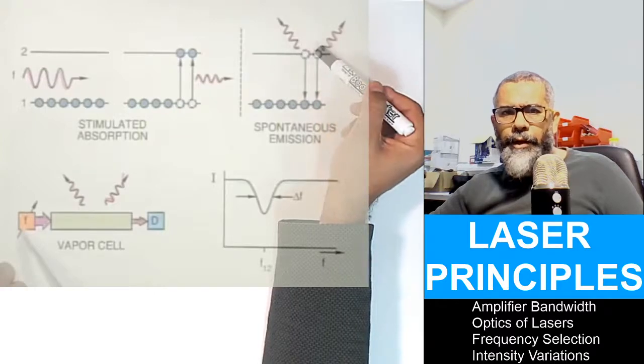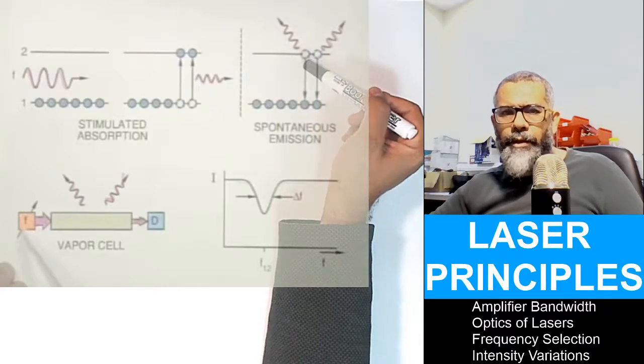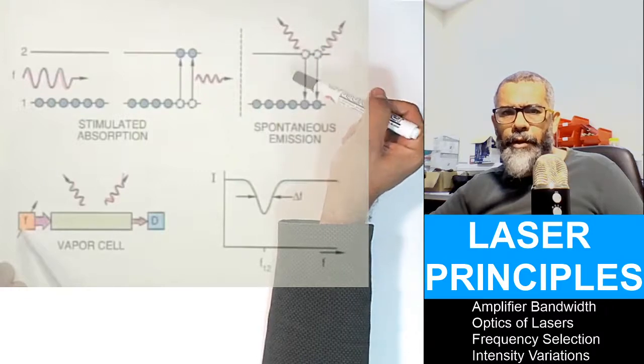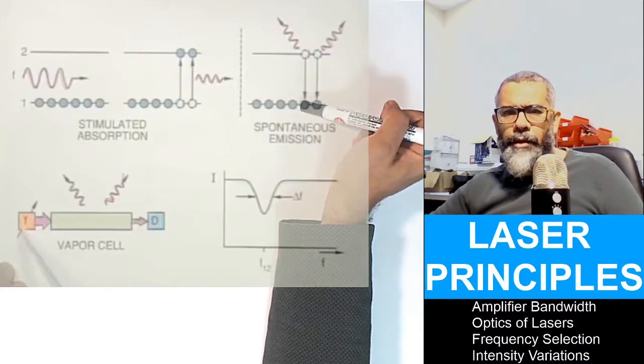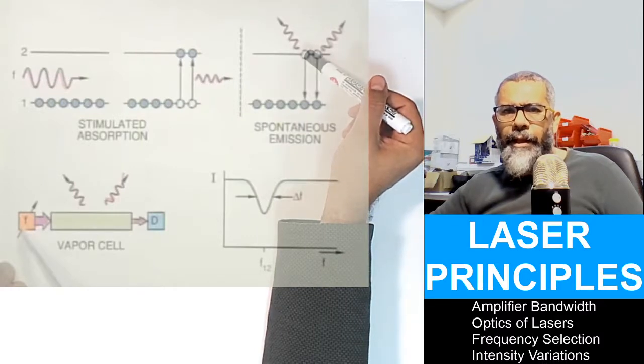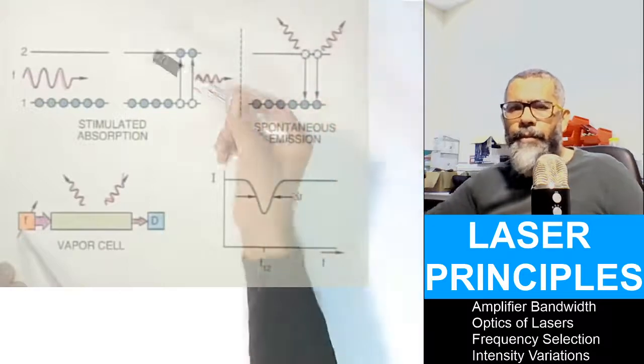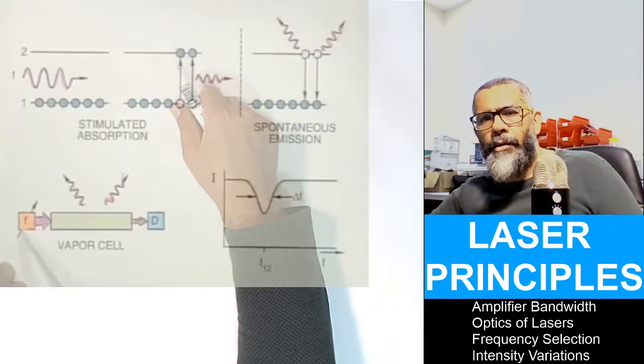These photons are created when the electrons go from their excited level, or higher energy level, to a lower energy level. The amount of energy lost by the electron is converted to photons. This is what happens in the atomic world.